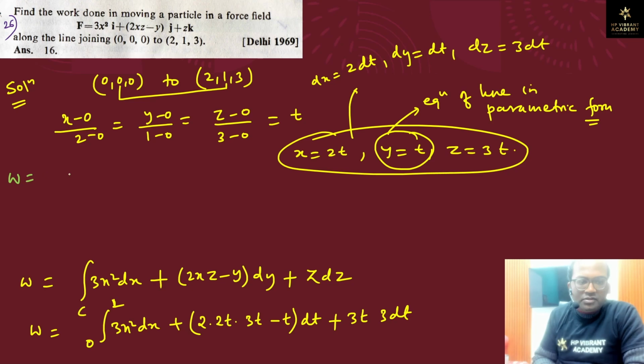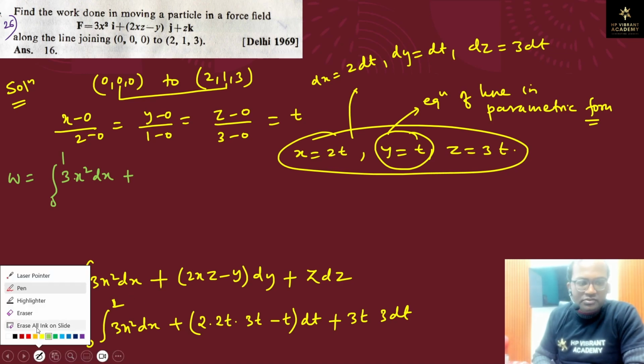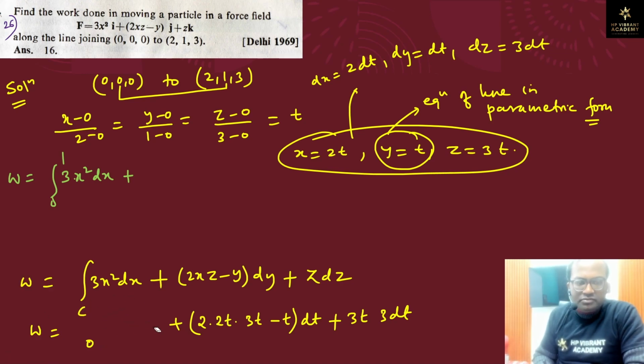So we have worked on 3 into 3x square dx from 0 to 1 plus, sorry, the value of x is 2t, we have not written here. 3 into 2t whole square, the value of dx is 2 dt, and t varies from 0 to 1.